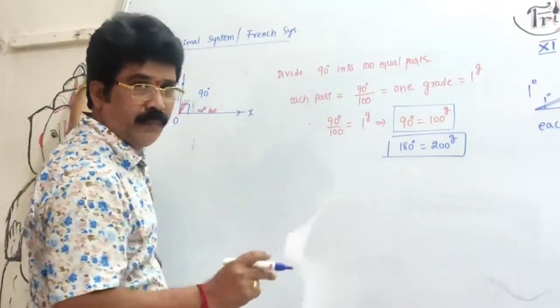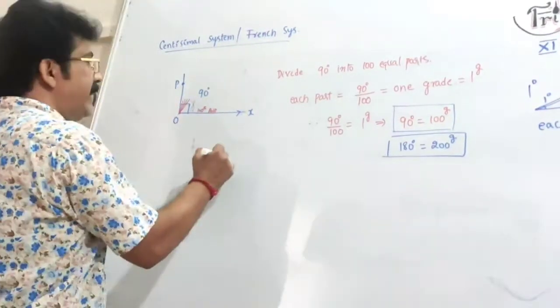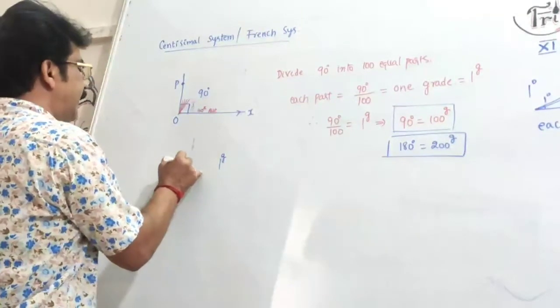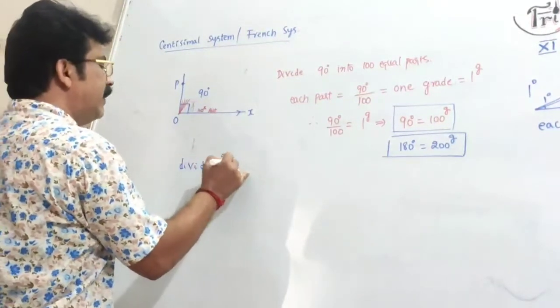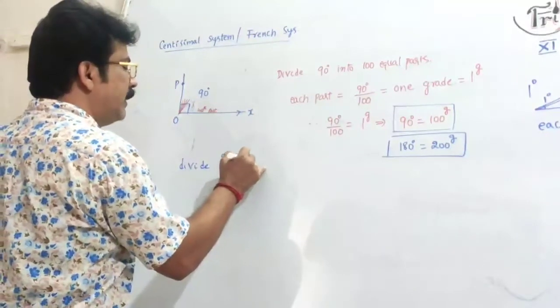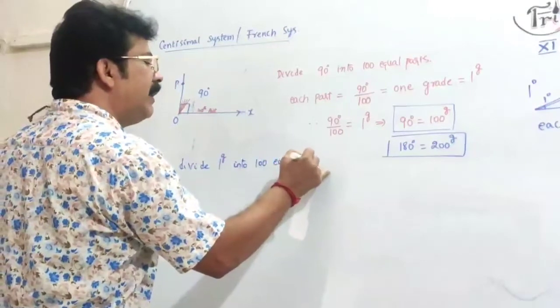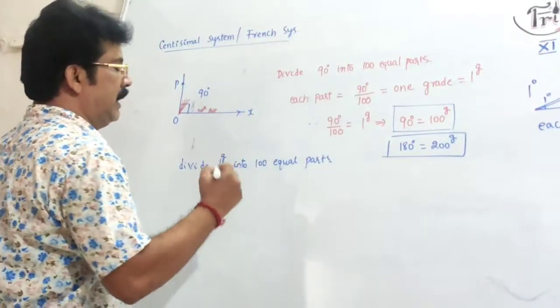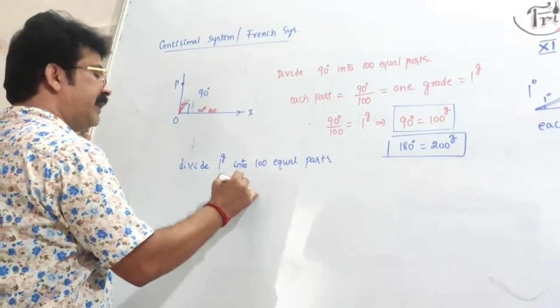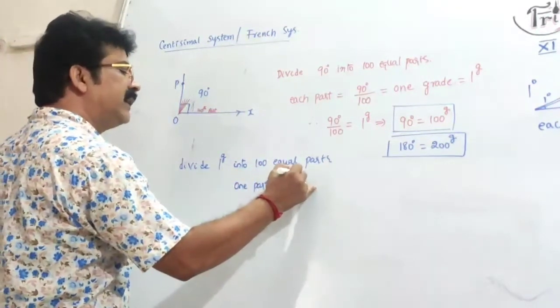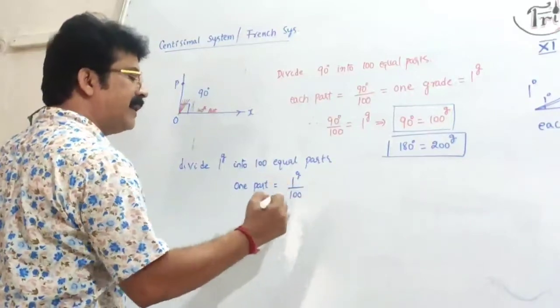Listen, understand. Divide 1 grade into 100 equal parts. One part is equal to 1 grade divided by 100.